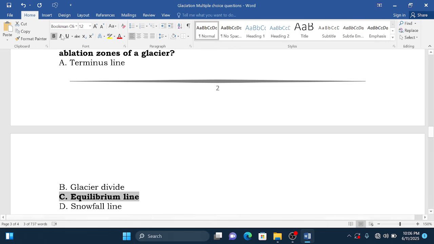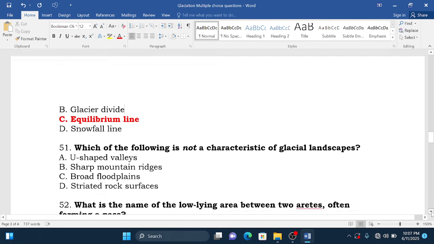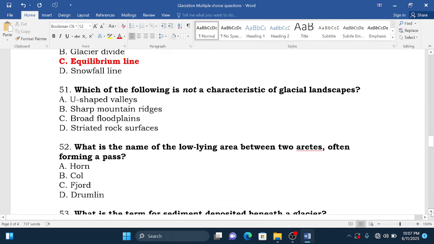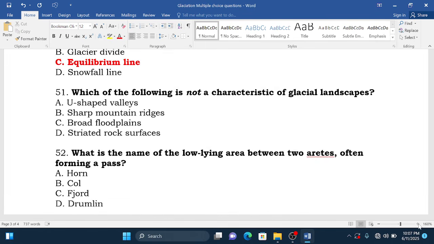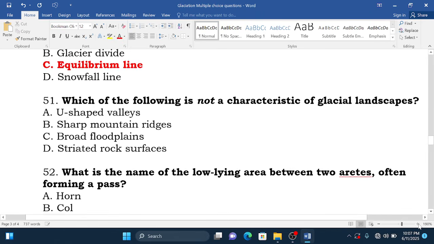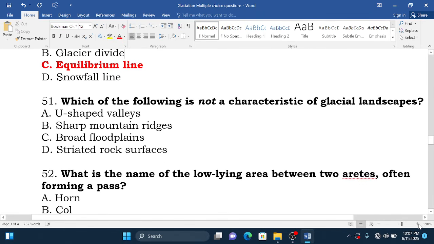Let's go to question number 51. Question number 51 is asking, which of the following is not a characteristic of a glacial landscape? A, U-shaped valleys.